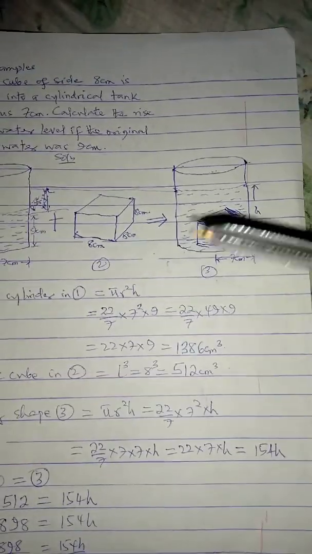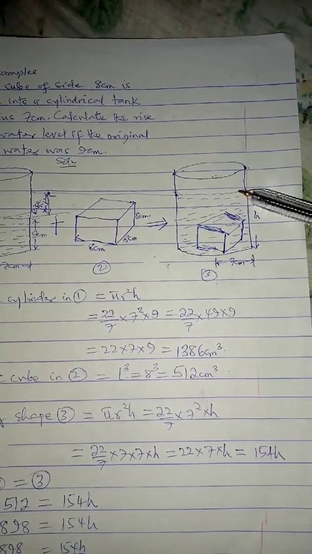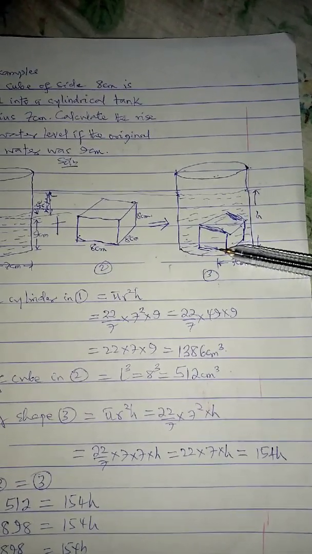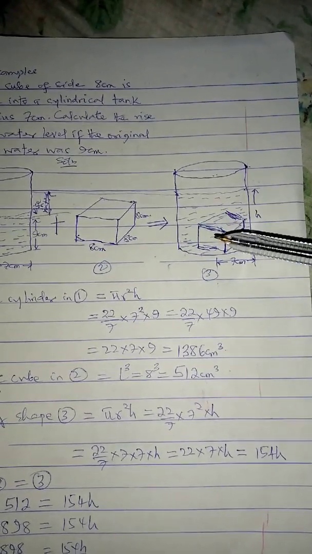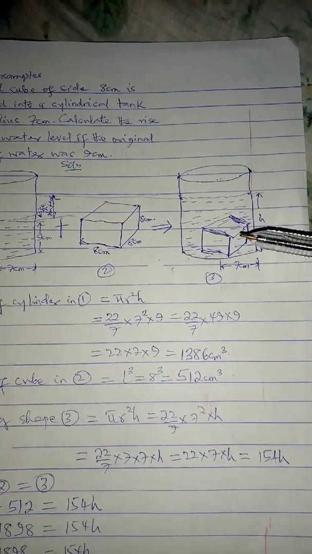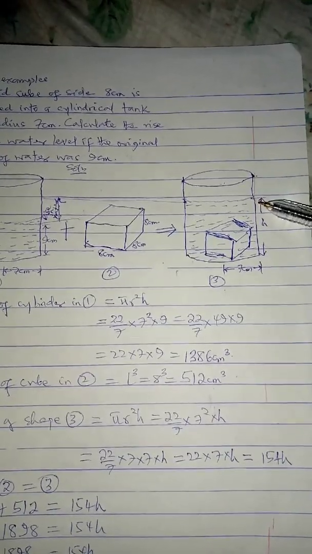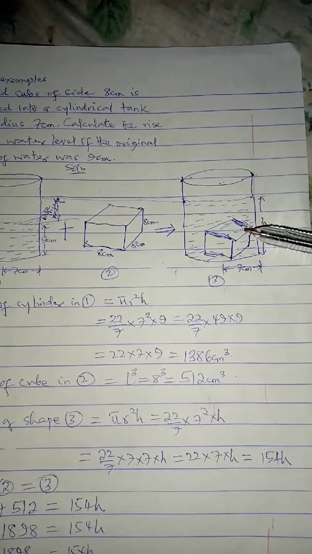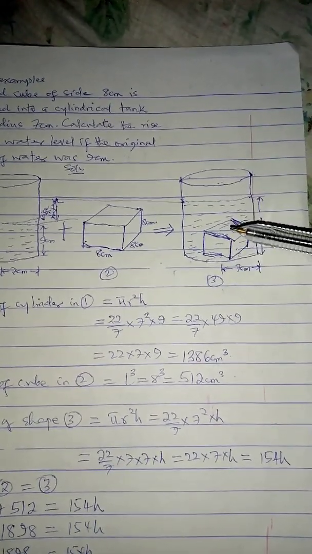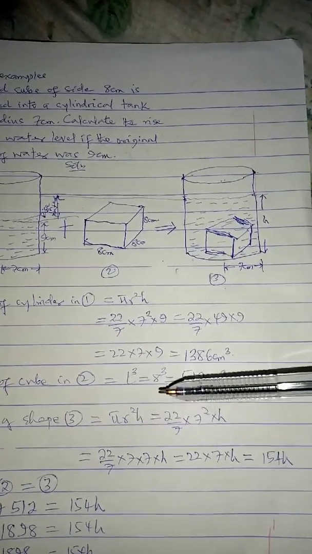Now, the water in diagram 3, after dropping the solid cube inside it, rises to this level, and it also takes the shape of the cylinder. Therefore, the volume of the water is gotten by taking the volume of the cylinder, which is also pi r squared h.